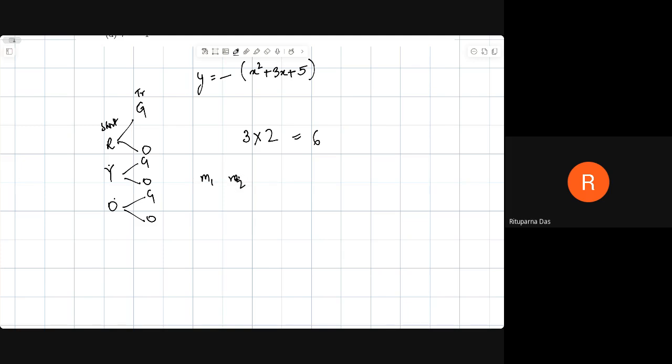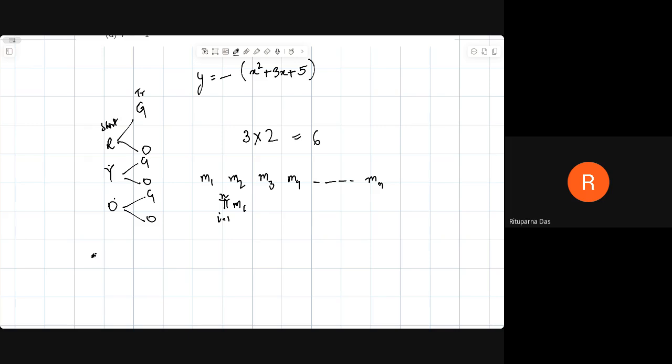For each of the m2 choices you have m3 choices, and for each of the m1 m2 m3 choices you have m4 choices, and so on and so forth. Then the general rule of multiplication says that the total number of ways this can happen is the product of the whole thing. So that is your generalized principle of counting.